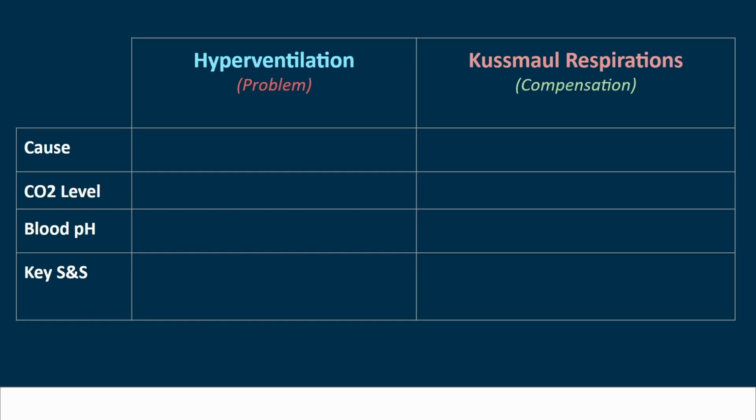Okay, what would you think of the CO2 level in hyperventilation? So it would be high or low? If it would be low, that's okay, right? Because if this has got a bunch of Monster in it and I pour your Monster out, it now has less Monster in it.